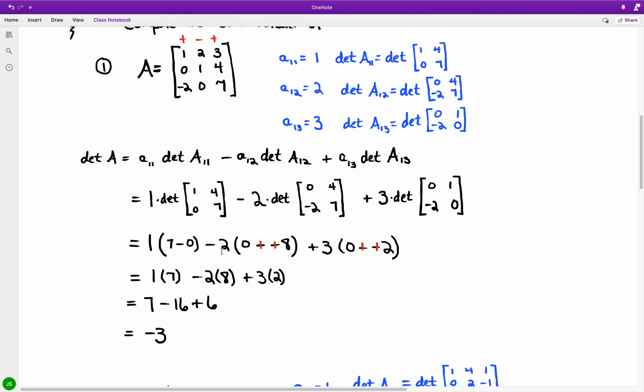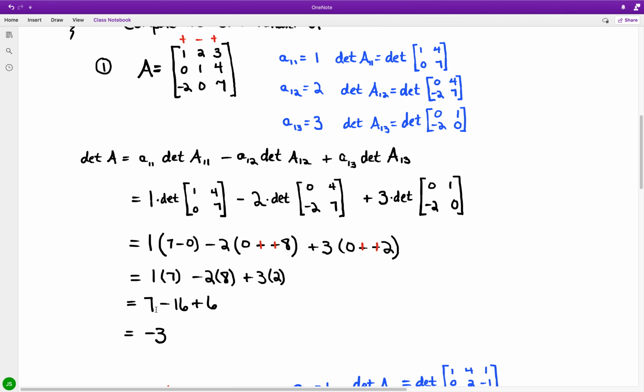And then we have minus 2 times the diagonal products: 0 times 7 is 0, and then minus negative 8, which would be a plus 8. And we have plus 3 times 0 minus negative 2, so we have addition of 2 once we rewrite the subtraction of a negative. So here I have 1 times 7 minus 2 times 8, and plus 3 times 2, which is 6, added at the end.